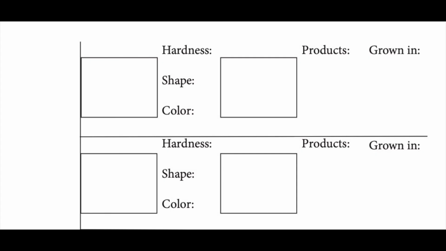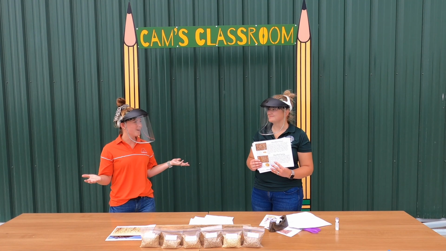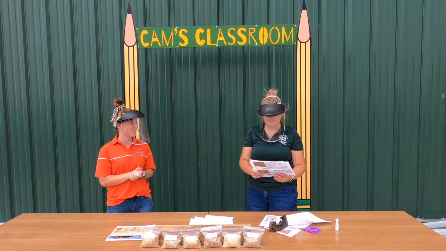Go ahead and paste those kernels or the image of that kernel to the box that is closest to the spine where you glued the 2 pages together. That second box is going to be where you will paste the products that you think this class of wheat makes. All of the information that you'll need for this activity sheet can be found within those information cards, so make sure you're being good investigators and read diligently. Let's go ahead and complete the activity together, Karina.